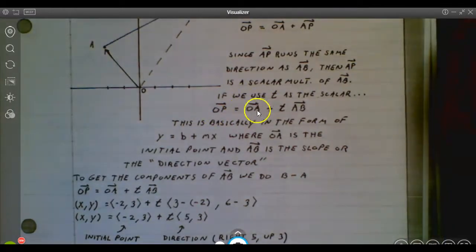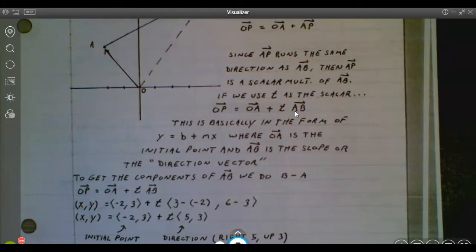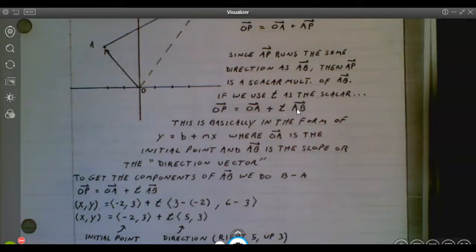It has a beginning point, and then it's like an mx. So whatever my variable is, x, is being multiplied times the slope, which is AB, the direction vector, right? So my initial point was OA, and my slope, or the direction of the line, is AB. And then t can represent any variable of time that we want to plug into that.